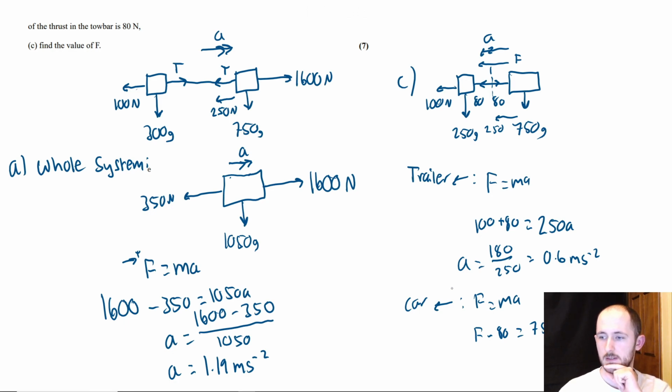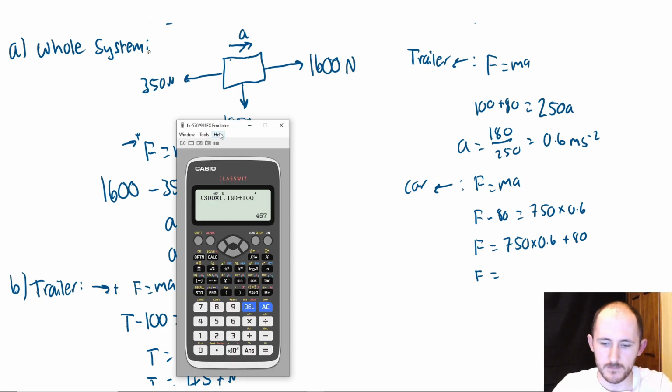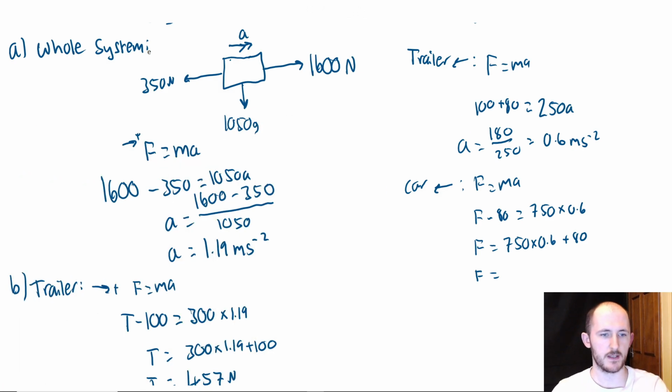So now F is equal to 750 times 0.6 plus 80. We can work that one out. Which is 530 newtons, and we are done.